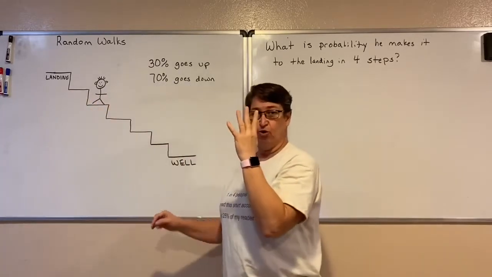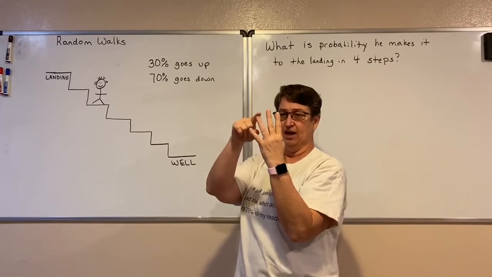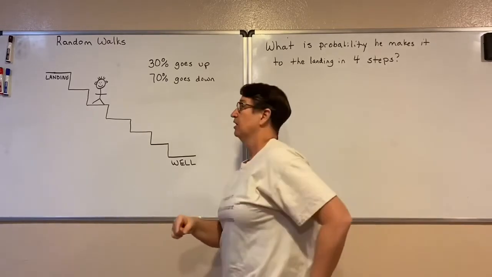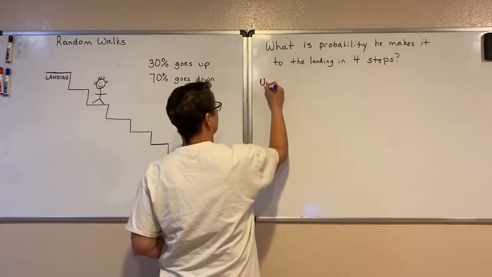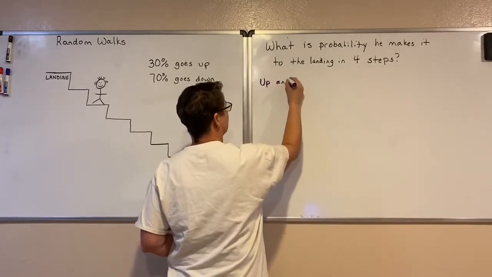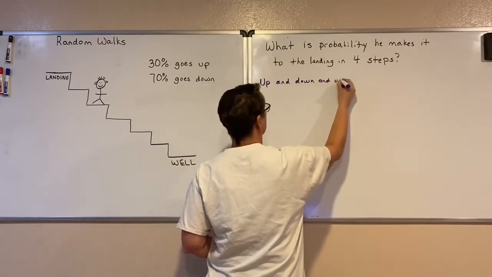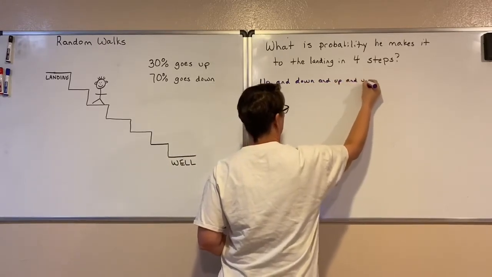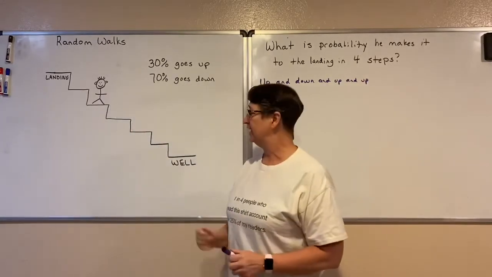So to get the 4 steps in, he would have to go up and down and up and up. Let me write those words down. So he goes up and down and up and up.